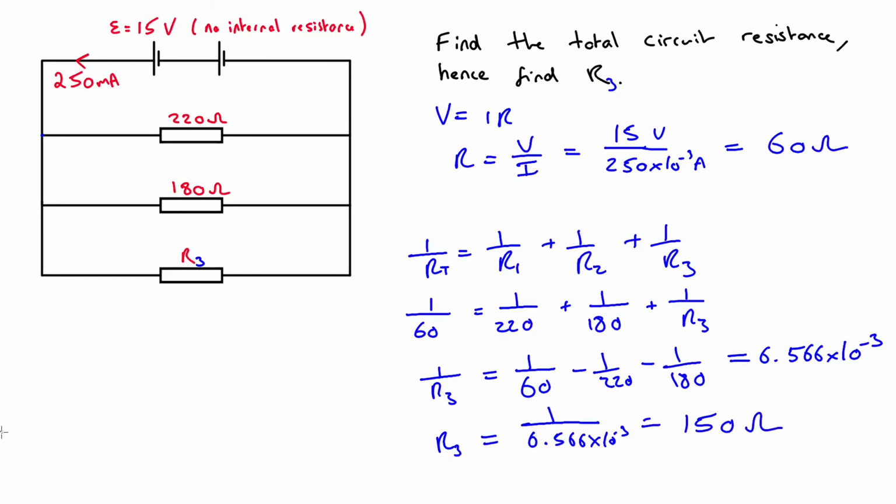And to two significant figures, we will get 150 ohms. There we are, that's the resistance of what we've now called R3. The third resistor in the parallel network is 150 ohms. 220, 180 and 150 ohms in parallel give a total effective resistance of 60 ohms.